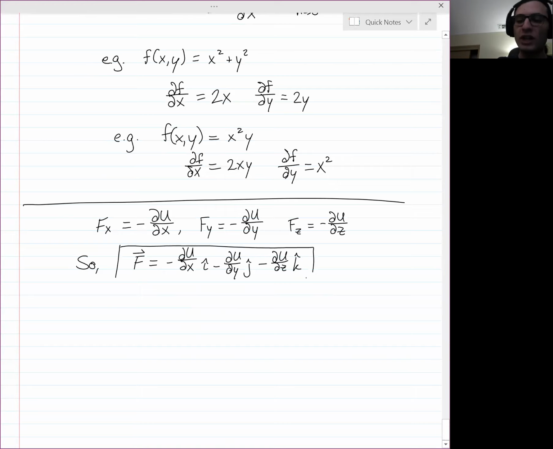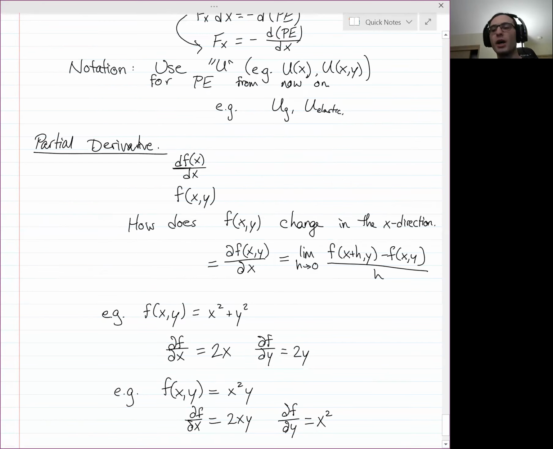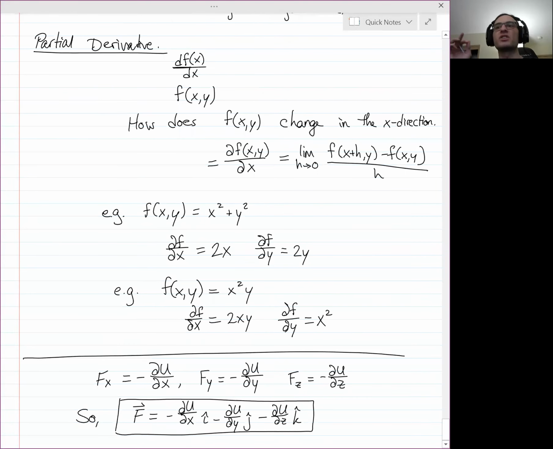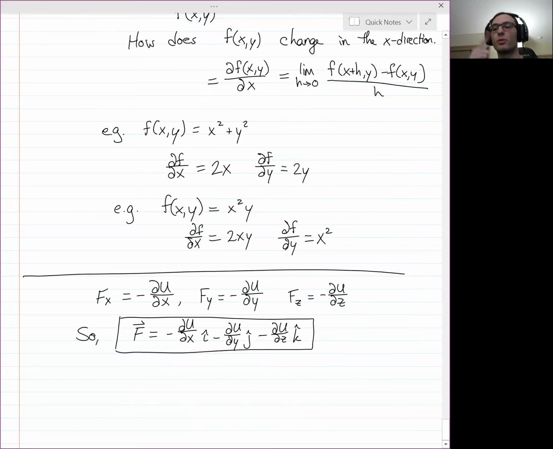And so if you're given the potential energy function, you can get the force back. And that's the part that makes potential energy functions so useful. It's great that you can use them to compute work, but it's even better that you can describe an entire conservative force just by a single function without having to know all three components, because you can get back the force from the potential energy function just by taking a few derivatives.